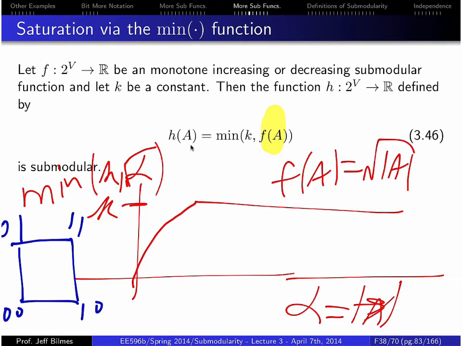Submodularity would mean necessarily that the sum of the valuations at these two vertices has to be greater than or equal to the sum of the valuations at these two vertices. So the green diagonal is greater than or equal to the purple diagonal. That's a nice little useful thing. We'll see a picture of that later. That's similar to the Monge matrix example that you saw in lecture 1.